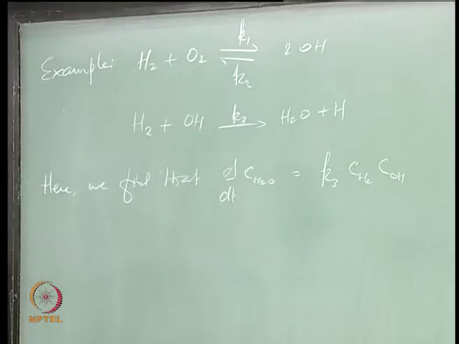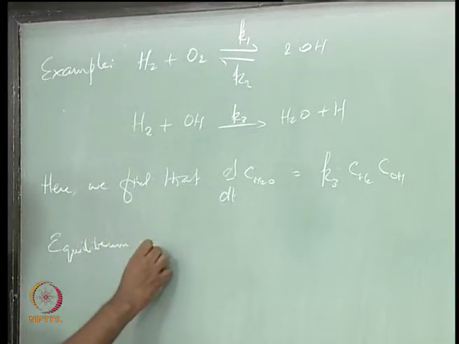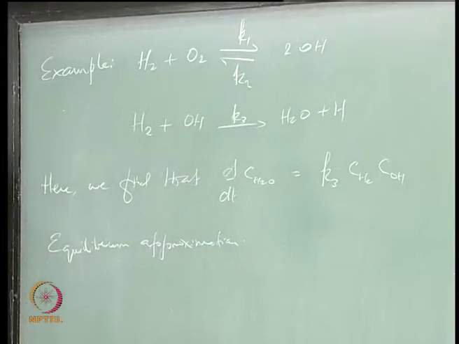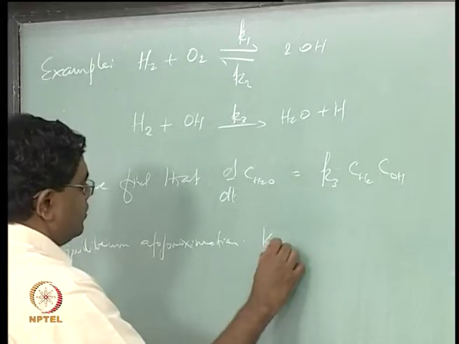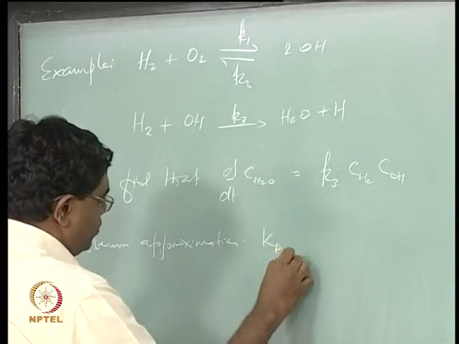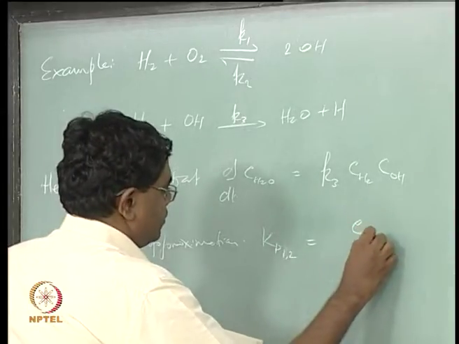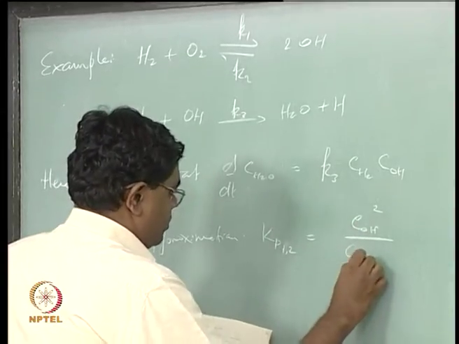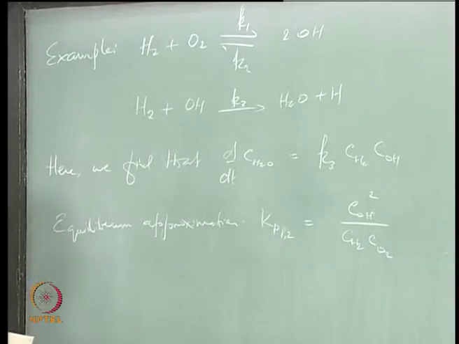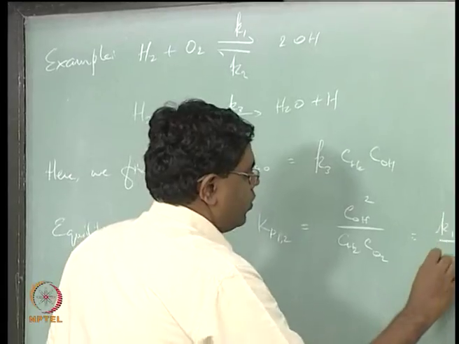So I use the equilibrium approximation and say Kp1,2 is equal to COH squared divided by CH2 CO2, alright, that is equal to K1 divided by K2.